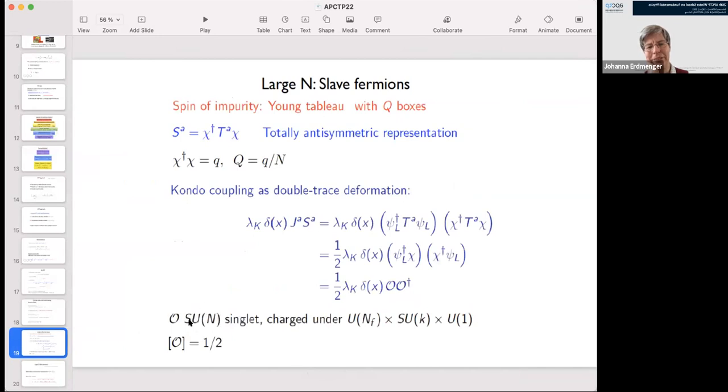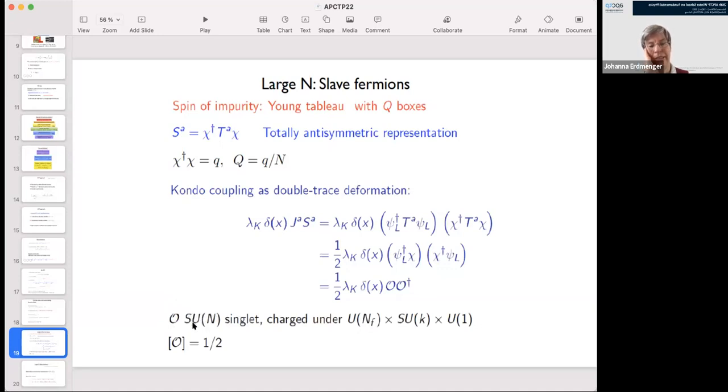SU(N) is the symmetry group of the spin. Then I get an extra U1 because I introduced these chi's. If there's a condensation, this extra U1 gets broken. But what I have to make sure is that this operator is a singlet of the original SU(N) symmetry, and that's indeed the case.